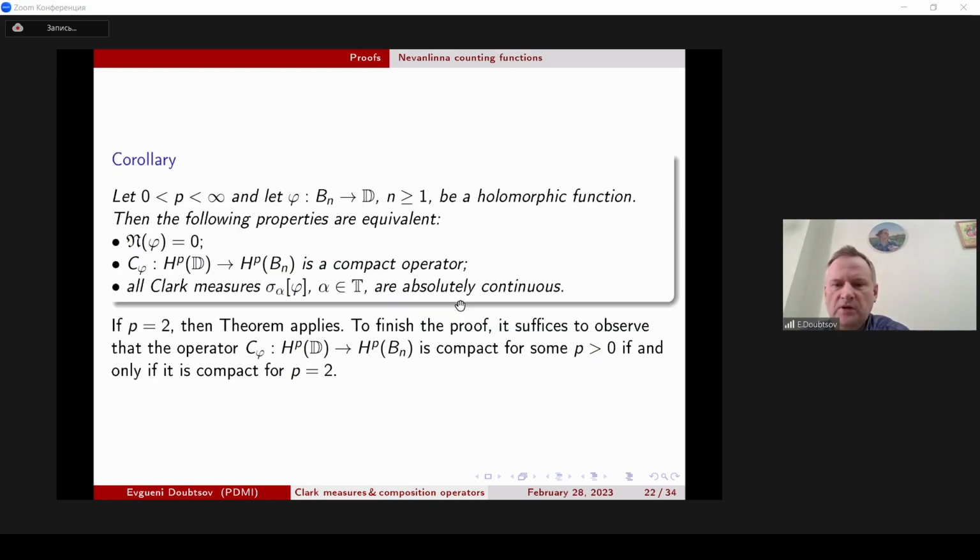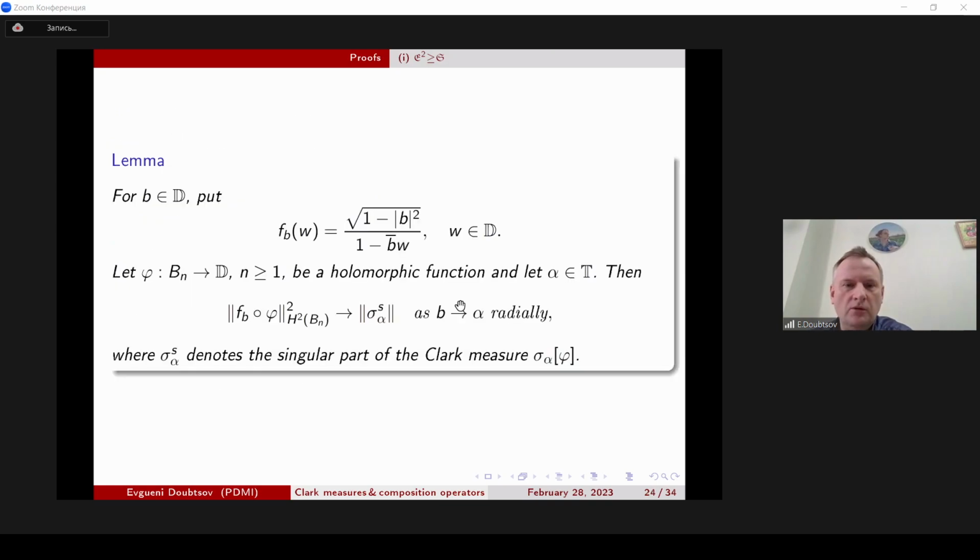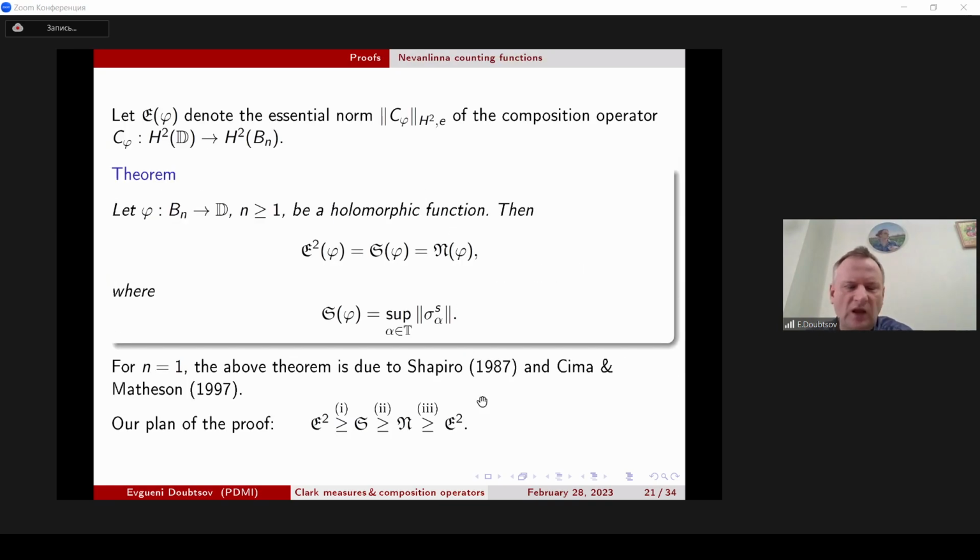Later, 10 years later, Sarason and Matheson proved that, using one part of Shapiro's result, E squared is equal to this S, the main object of interest for us, in terms of Clark measures.